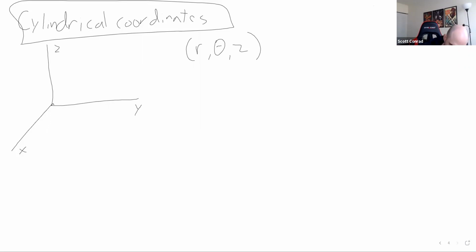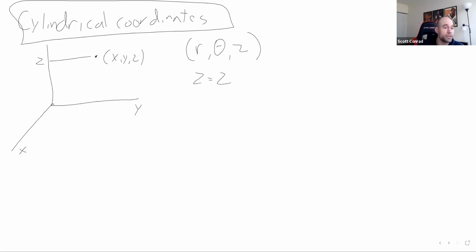So here's how this works. Here's our point x, y, z. Z is exactly the same z from there.